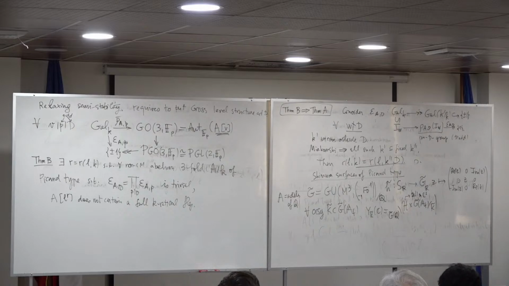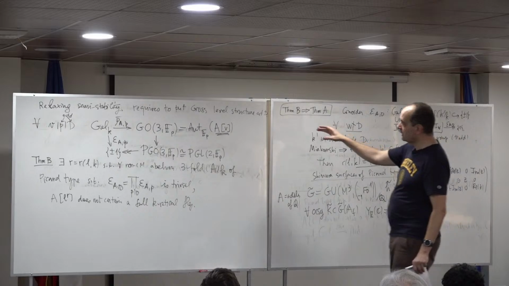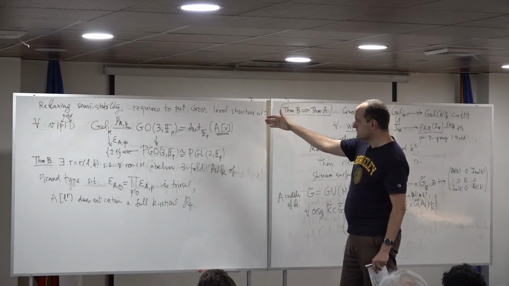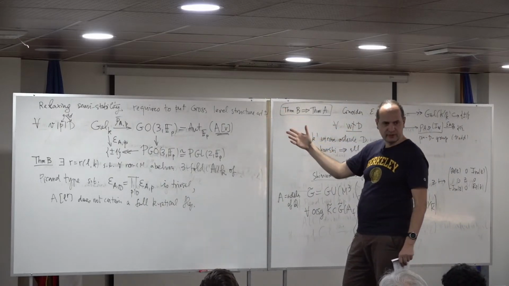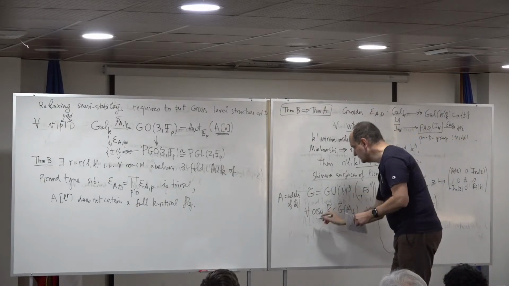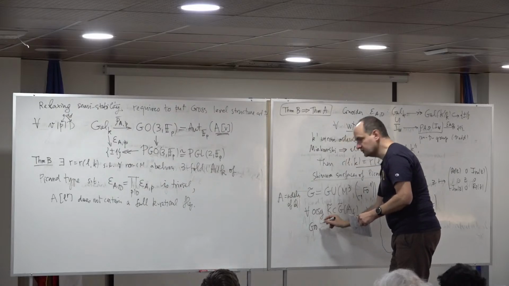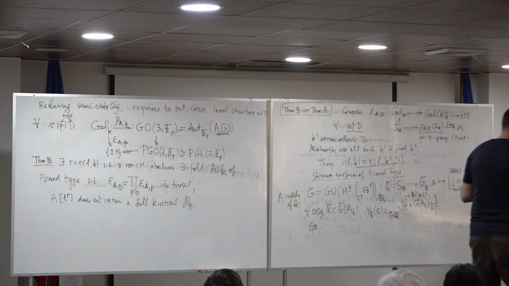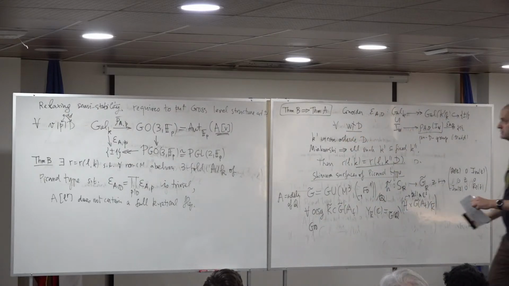So what I wanted to say is that this Gross's condition, of the image being inside some kind of an index 2 group in GO3, defines canonically an index 2 subgroup of the standard maximal open compact. Actually, it's very good to go on the other board because it was about Gross's condition.